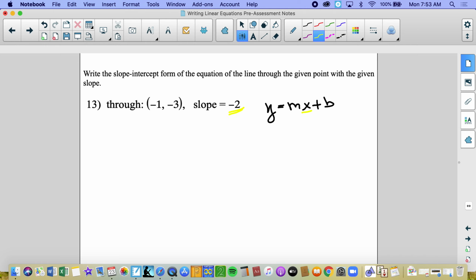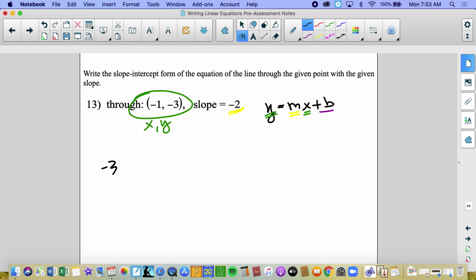So we're given the slope, but we don't have the y-intercept. So we know that we have to find out what it is. Do we know an x and a y? Do we know a point on the line? Yes, we know a point. Here is an x and a y that is a solution on the line. So we're going to fill in those pieces of information.